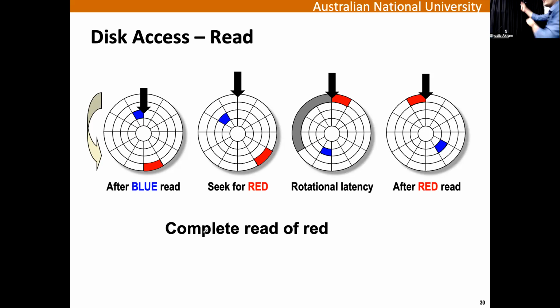Depending on where the head is at this point and what the application requests next, there is either going to be arm movement or rotation or both, and transfer and all that. You cannot predict the behavior of this device.